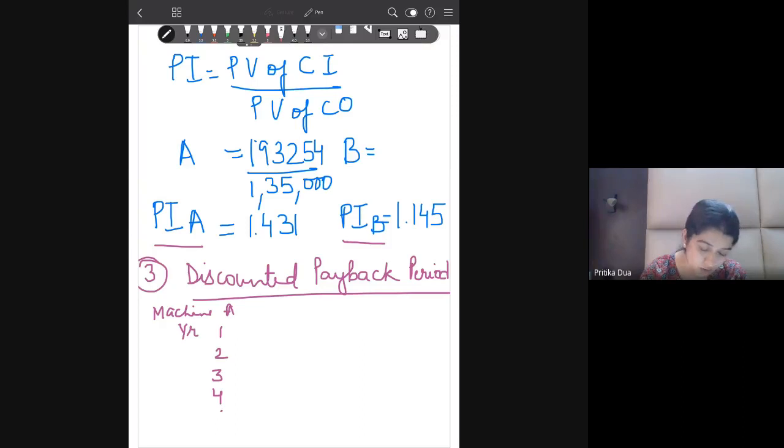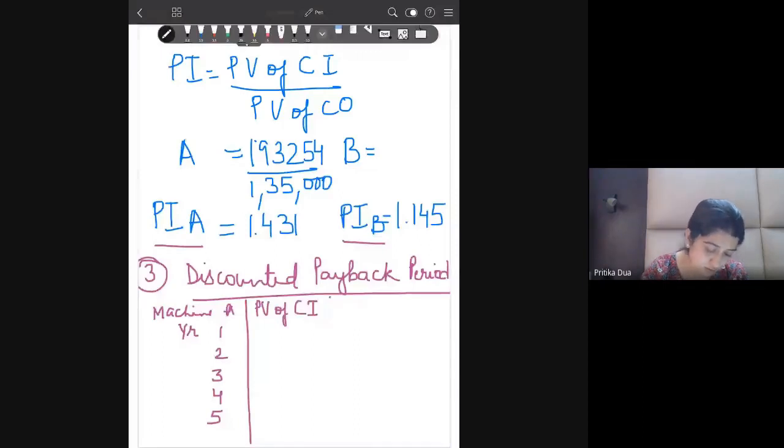So now when we had unequal cash flows to calculate the payback period, we used the concept of cumulative cash flows. The same formula is repeated here. The only difference is now instead of simple cash flows, you will take the present value of cash inflows.